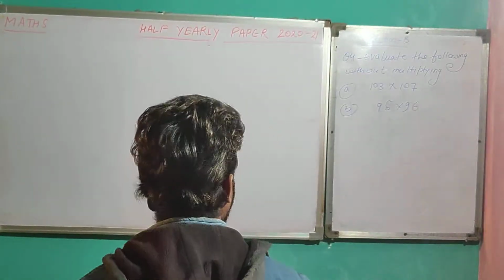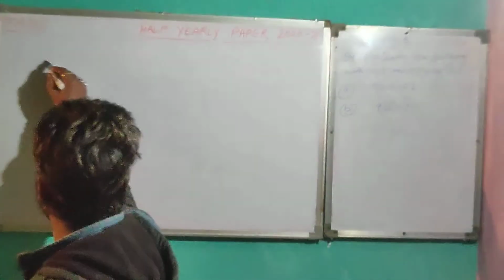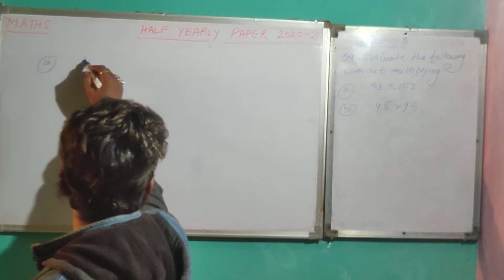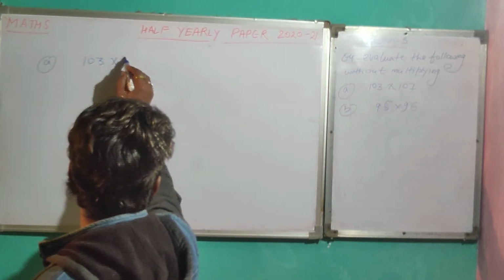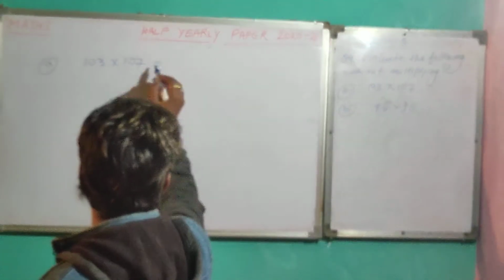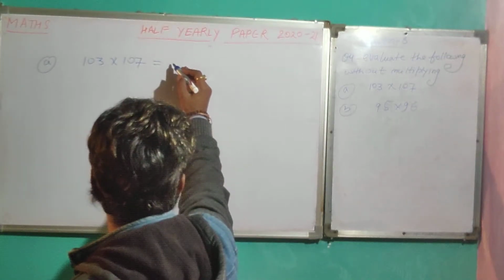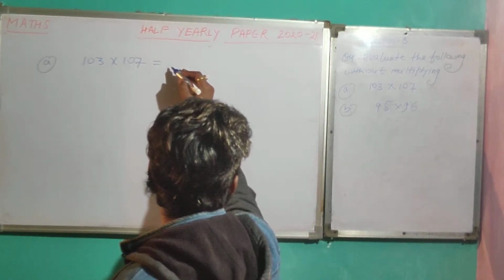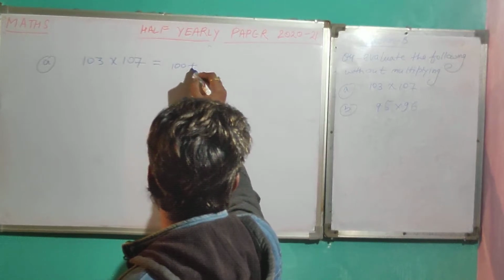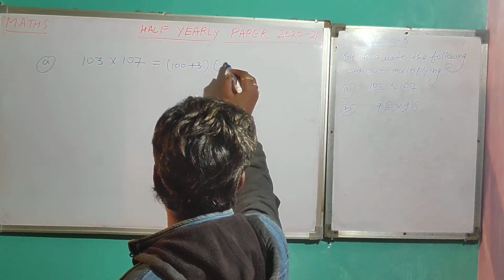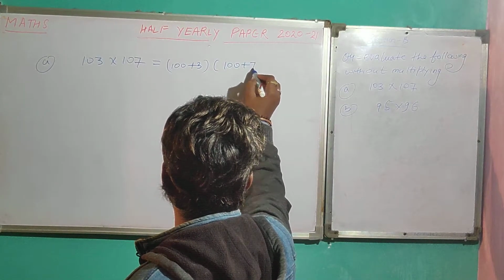Okay, so solving first. A is equal to 103 into 107. We can write this as (100 plus 3) into (100 plus 7).